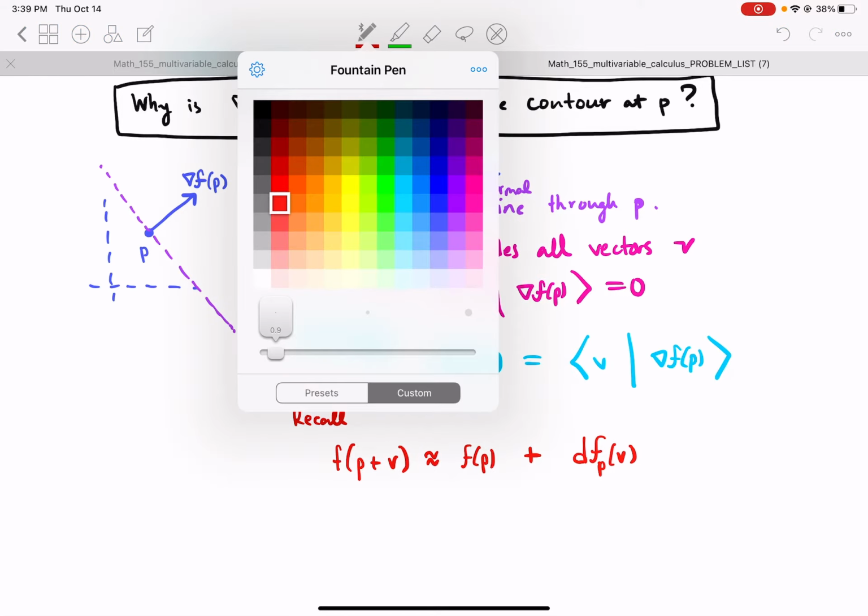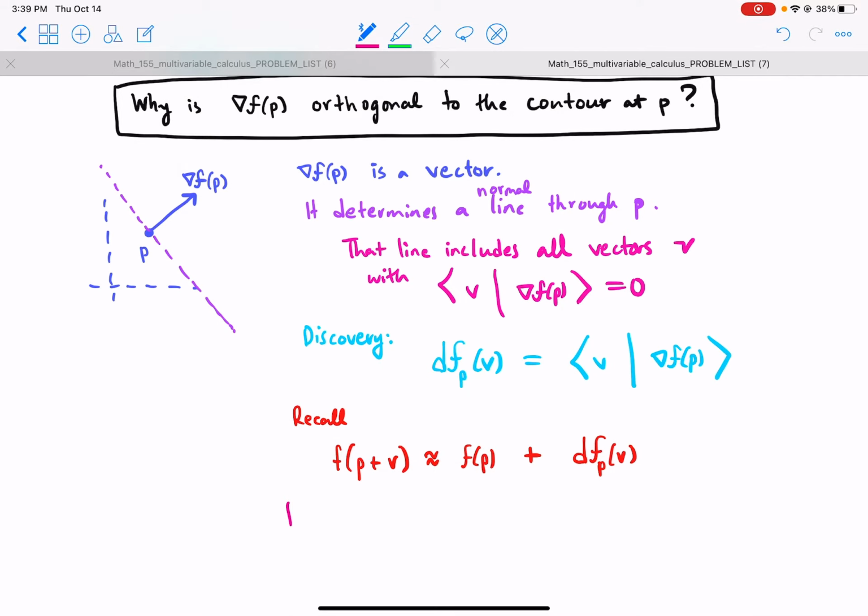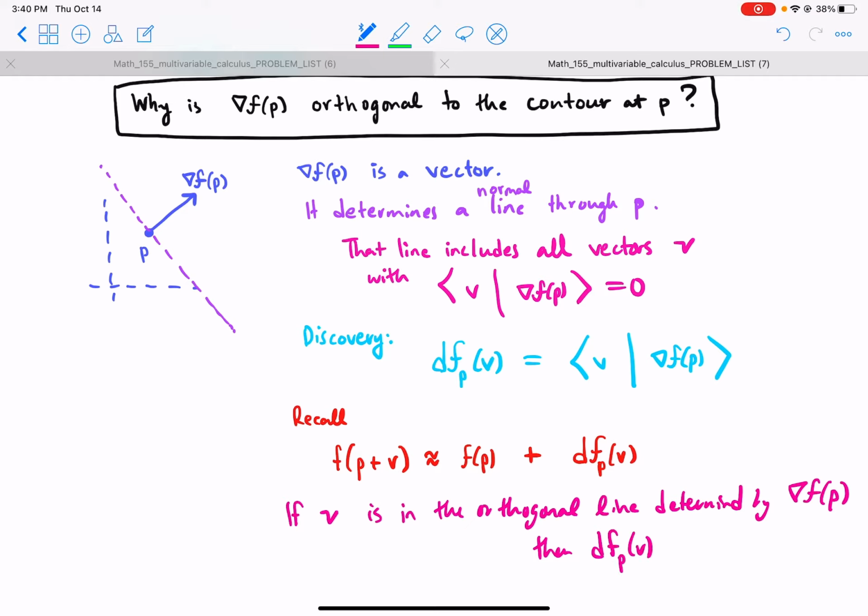Okay, but if v is in the orthogonal line determined by the gradient as its normal vector, as the normal vector of the line, then df p of v is 0.